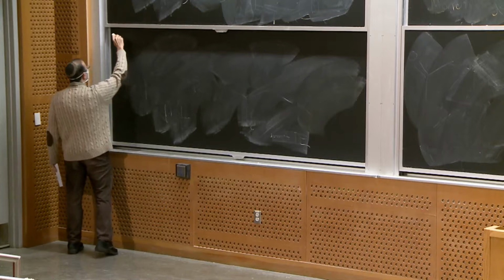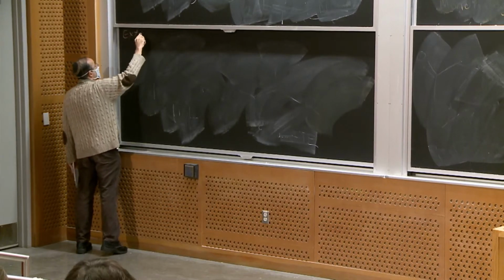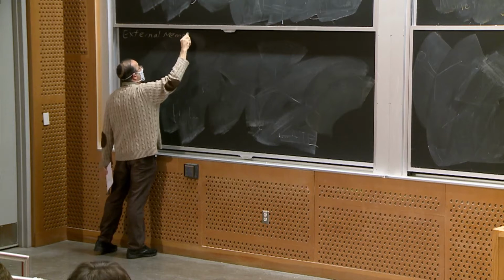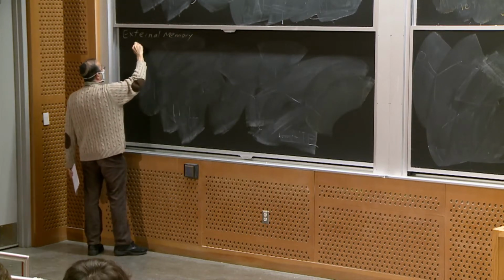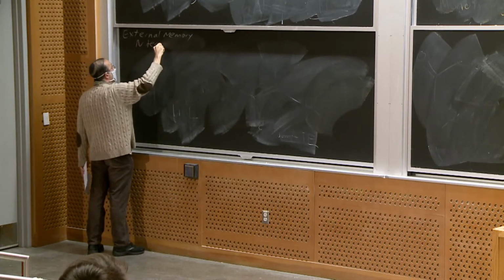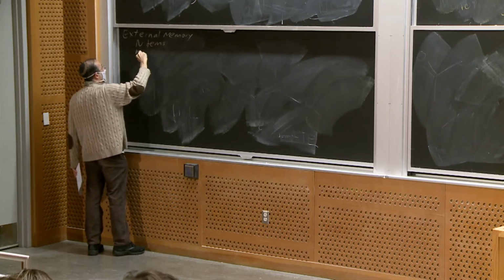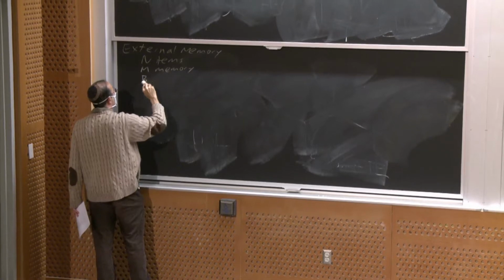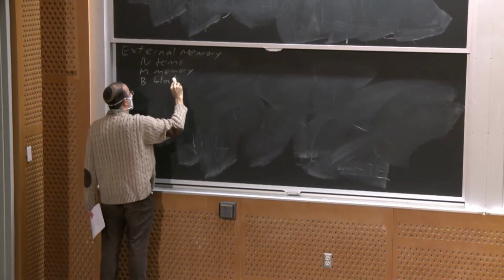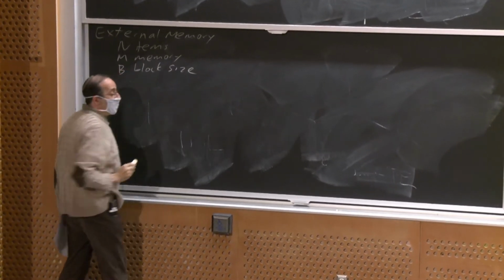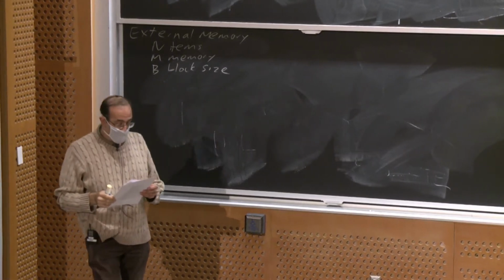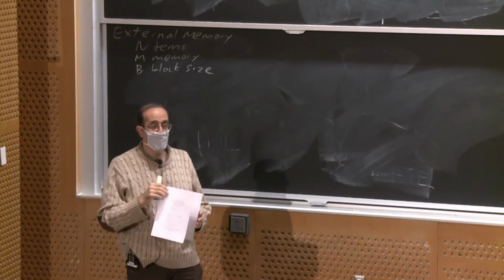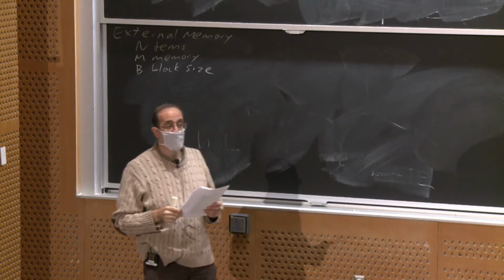Last time, we started looking at external memory. And we had these parameters. And we started to analyze algorithms purely in terms of the number of block accesses that were needed in order to execute the algorithm.